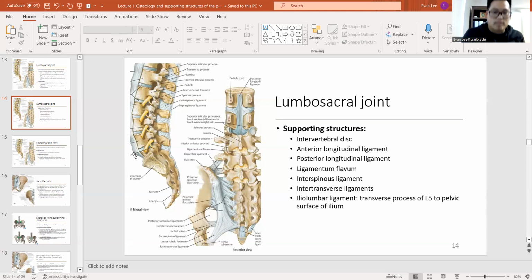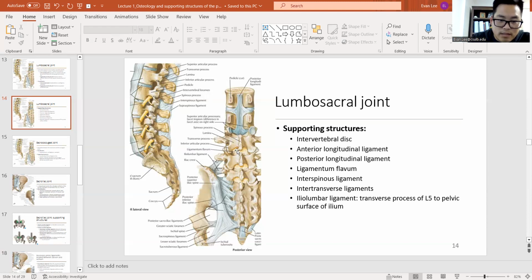Besides that, though, you also have the interspinous ligaments, which are going to be from spine to spine. You can see it here, from spine to spine, interspinous ligament. And then this one is not shown here, but from the transverse spine, you have intertransverse ligaments.